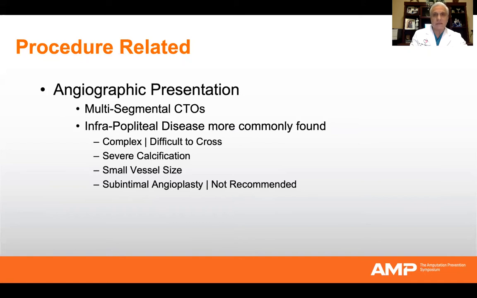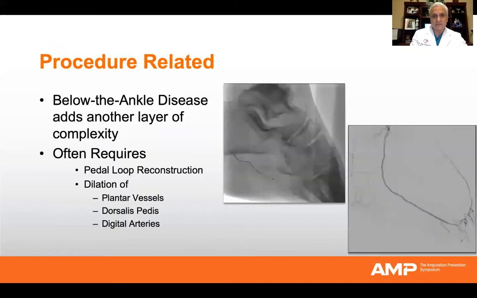They're smaller vessels, and we do have a limitation in treating them, because there are certain things we can do for the SFA that we cannot do for tibials, like subintimal angioplasty for heavily calcific vessels. It's very difficult to re-enter, so we try to stay in the lumen and get through these long CTOs. So it takes more time and expertise.